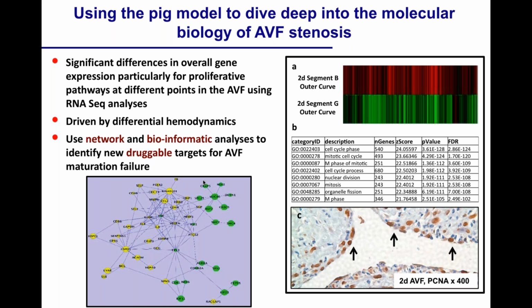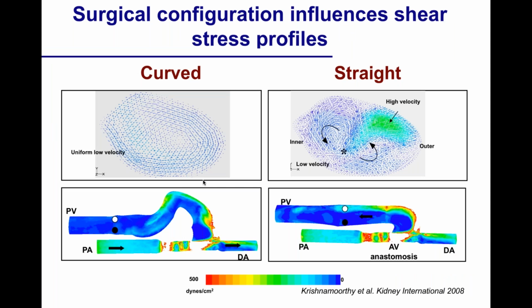In addition, what we've been able to show in previous work, now probably about 8 years old, is that the surgical configuration of the fistula can influence, obviously, the flow and shear stress profiles, as shown on this slide when you compare a curved to a straight fistula.